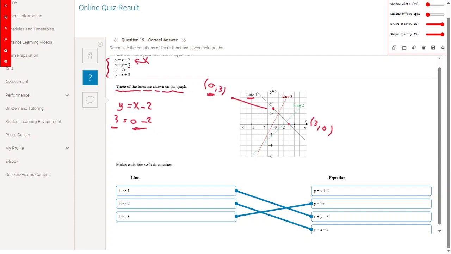Let's take the second one, x plus y equals 3. Substituting x is 0 and y is 3 gives 3, equal to 3. Left-hand side equals right-hand side, so this is right. Let's take the other point, 3 and 0. 3 plus 0 equals 3, so this is right also.